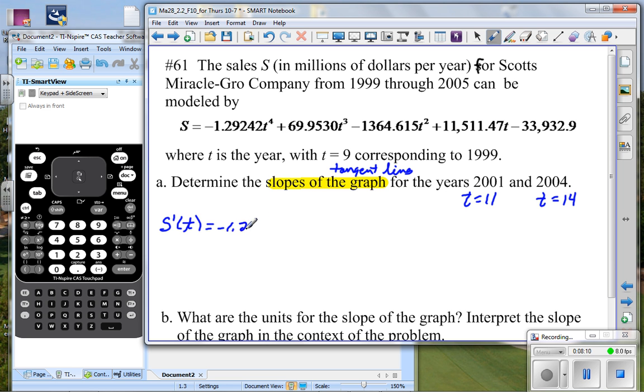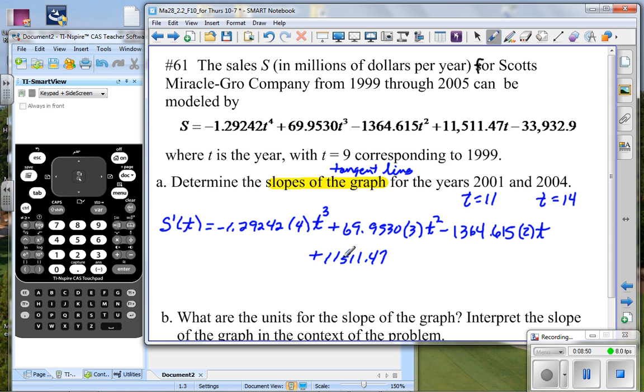So it's negative 1.29242 times 4, t to the 4 minus 1, which is 3, plus 69.9530 times 3, t to the 3 minus 1, squared, minus 1364.615 times 2, t to the 2 minus 1, or t, plus 11,511.47 times 1, t to the 1 minus 1, or 0, minus this quantity.